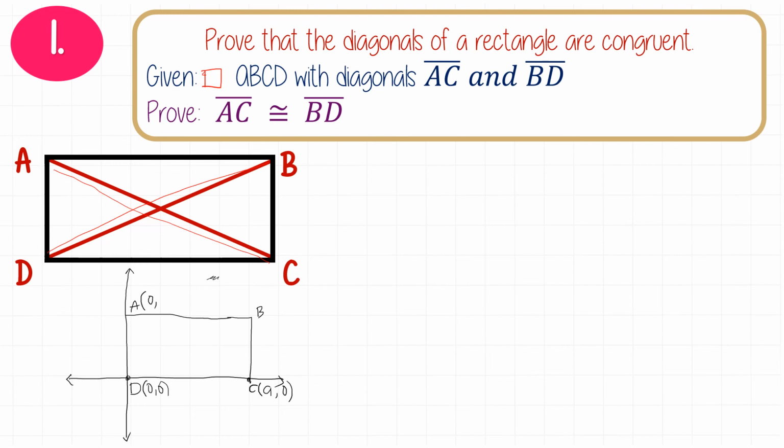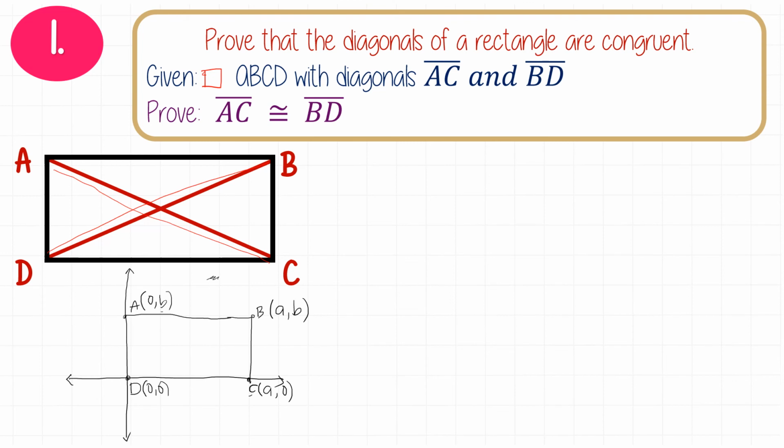And then we'll use B to denote the Y component. Next, si B, ang kapantay niya ay si C, so ito ay A. Ang kapantay niya naman sa taas ay si B. So, ito na yung coordinates ng ating figure.